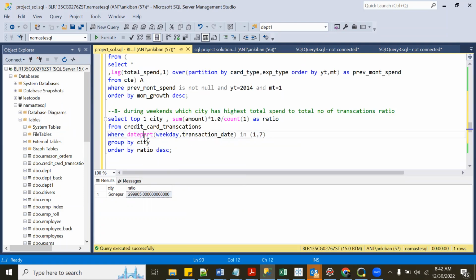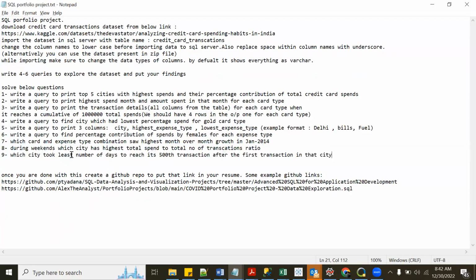You can use date name also, but always remember that filtration or joins on integers is faster than on strings. So if possible, do your filtration and joins on numbers. If you use date name also, you will get the right answer. Okay, let's move on to the last one.